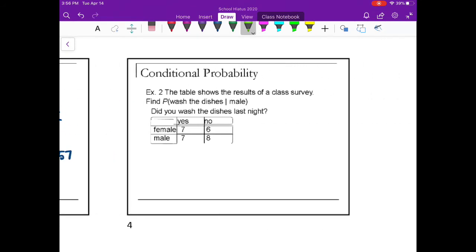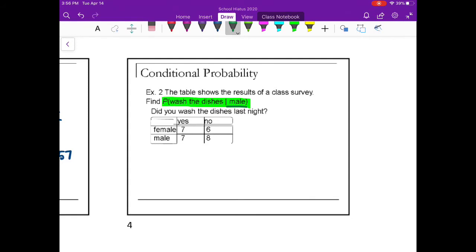This table shows a class survey where the students did or did not wash the dishes last night and whether they're male or female, and we want to find the probability that the student washed the dishes last night given that they were male. So we're looking only at the males in the group. Again, we need to find the total.